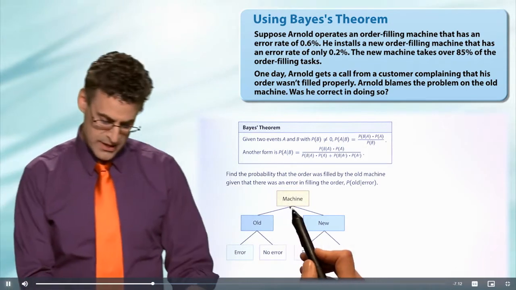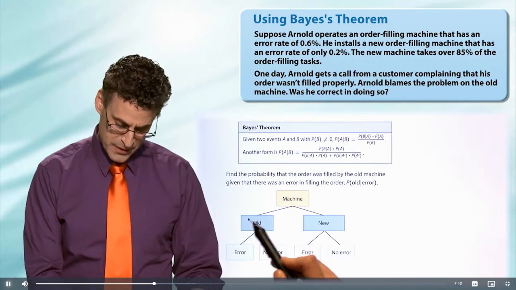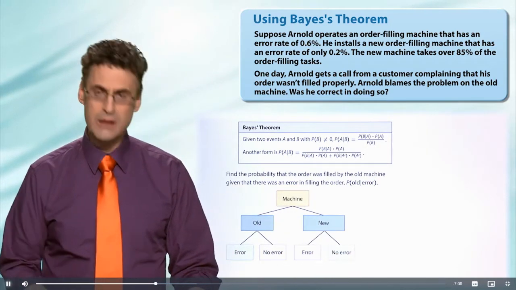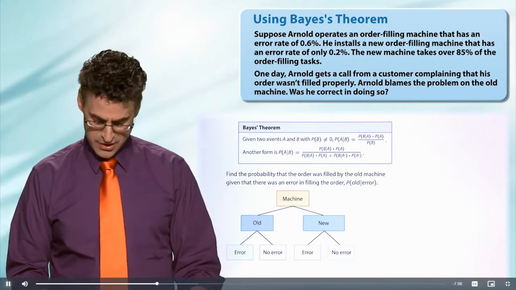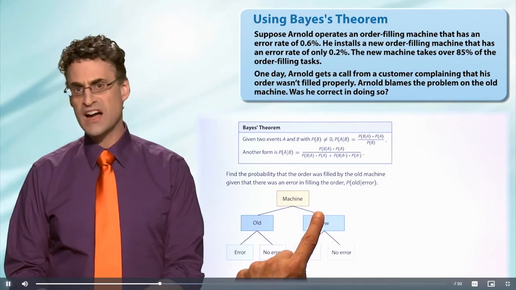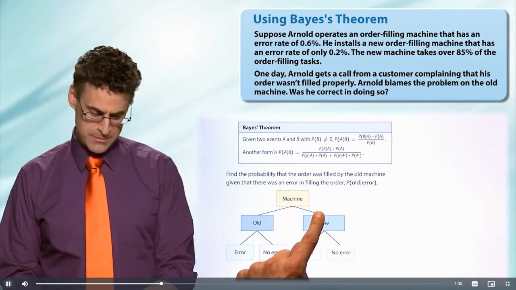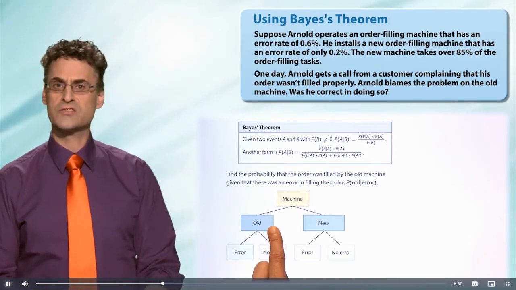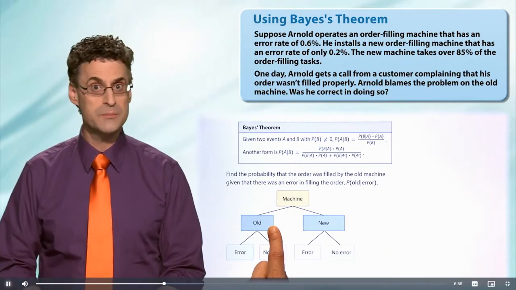Now what I'm going to do on these little branches is put down the probabilities that these things occur. Well, we know that the new machine is used 85% of the time, which automatically means that the old machine is in service for the remaining time, which is 15% of the time.